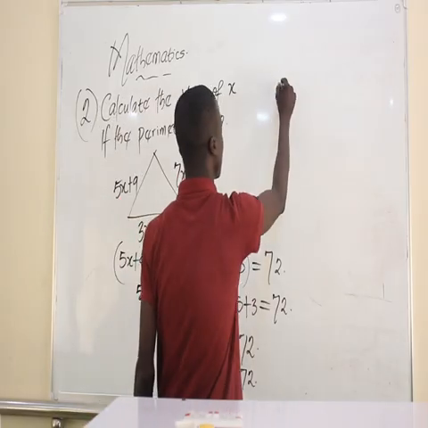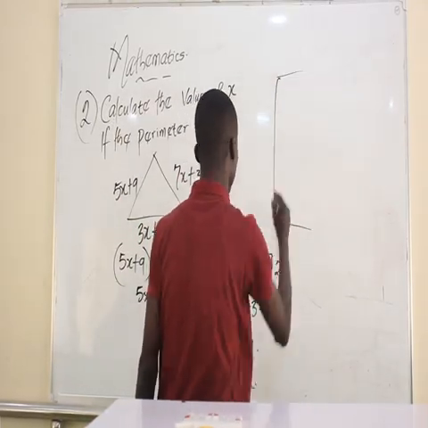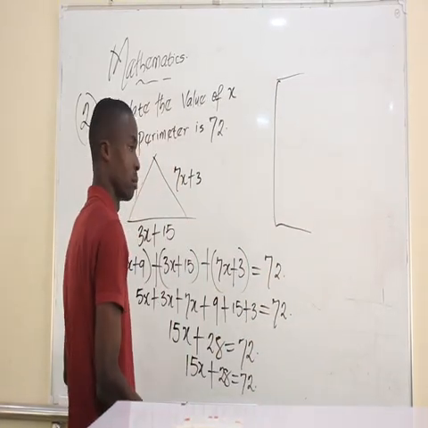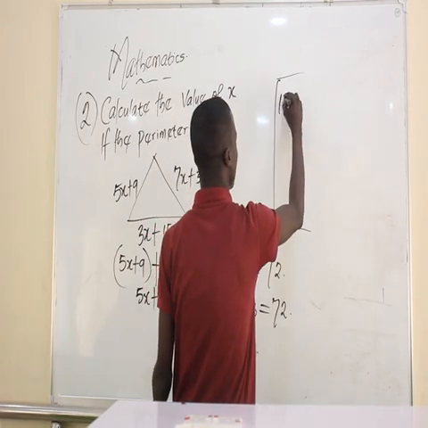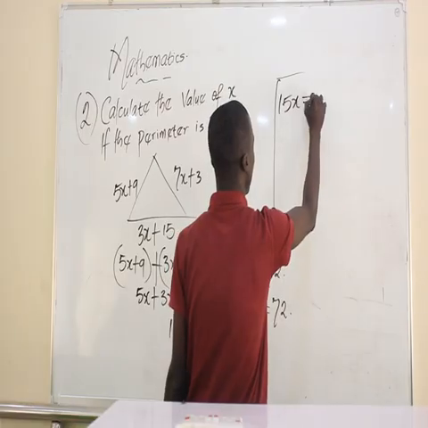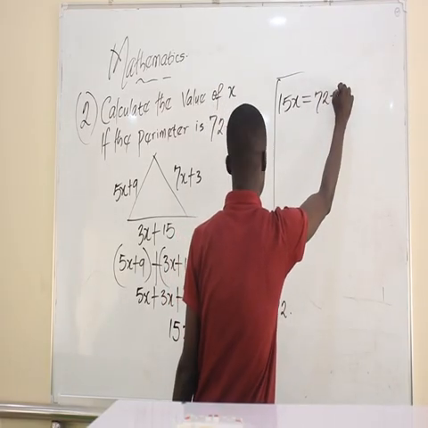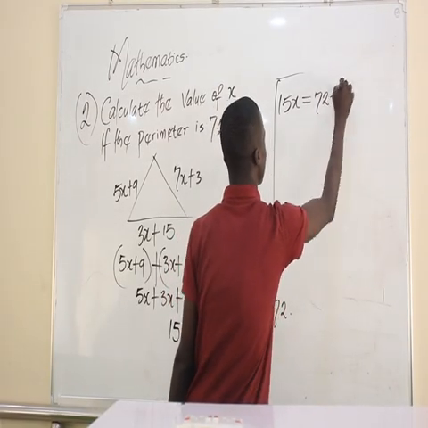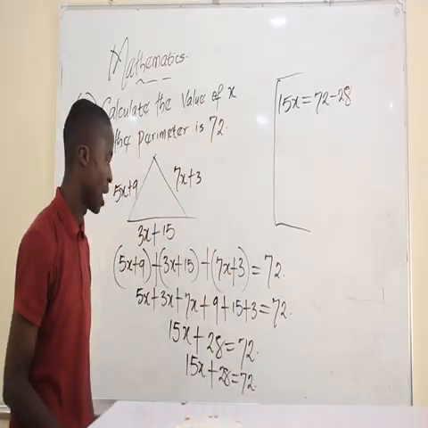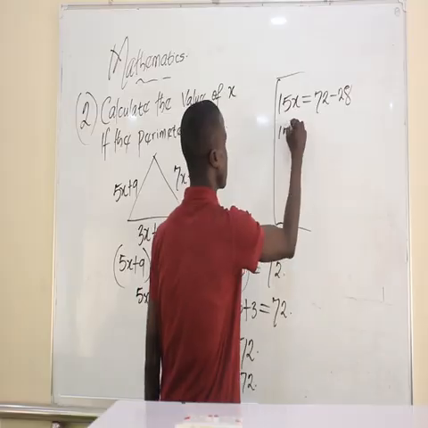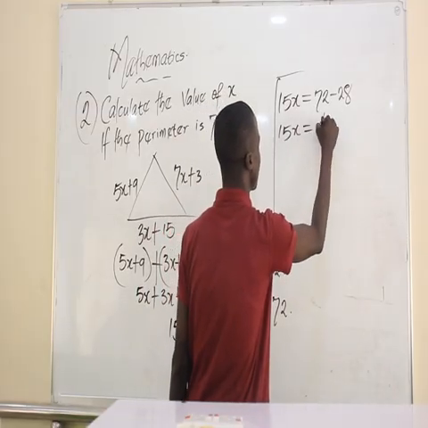Now, what are you supposed to do from here? What you're supposed to do is you collect like terms. 15x equals 72 minus 28. That's what you have. Now 15x equals 45.